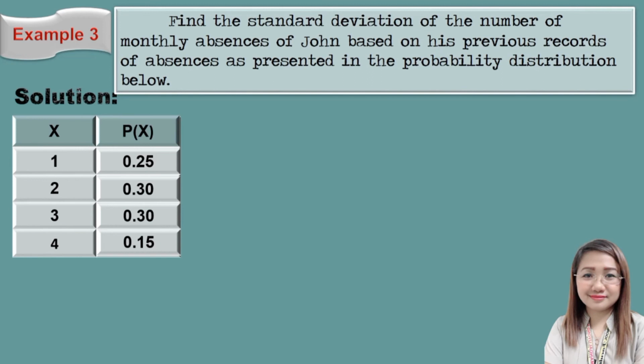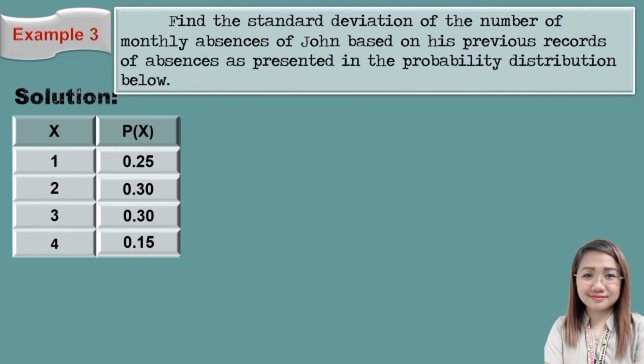Next, we need to solve the value of the mean. Can you still remember how to solve the value of the mean? First, we have to multiply x to p of x.